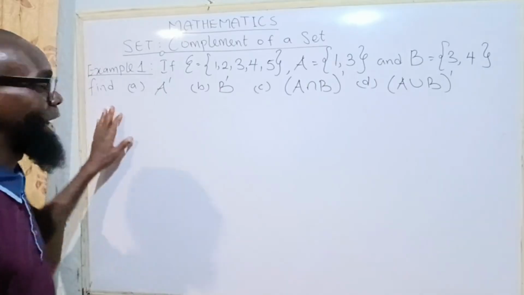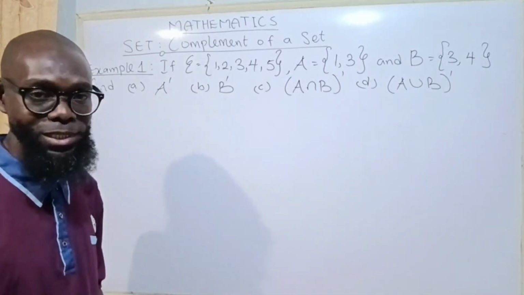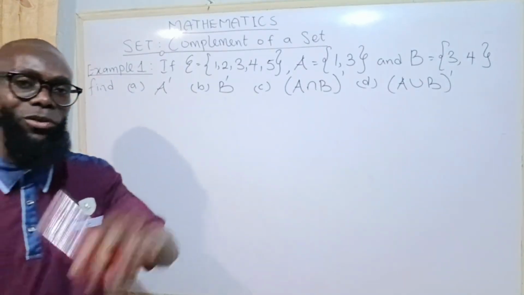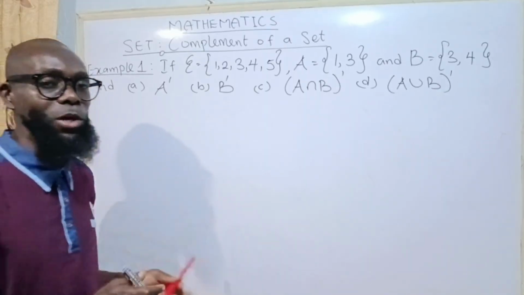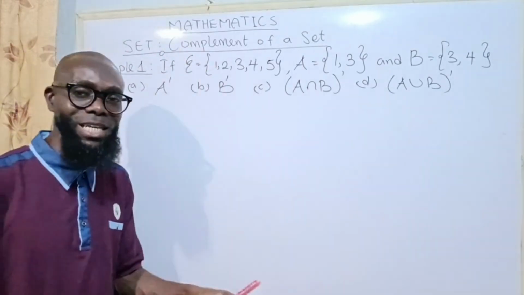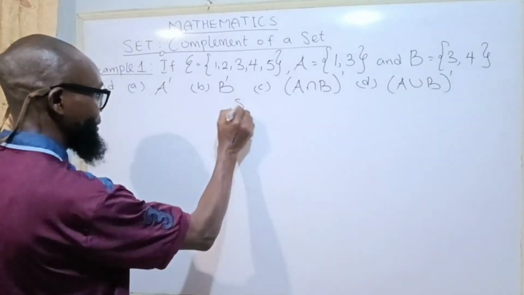We are told to find A complement. Don't forget what I told you: A complement means taking away the elements of A from the universal set, and the remaining ones are the complement of A. While B complement means taking away the elements of B from the universal set, and the remaining ones are the B complement.